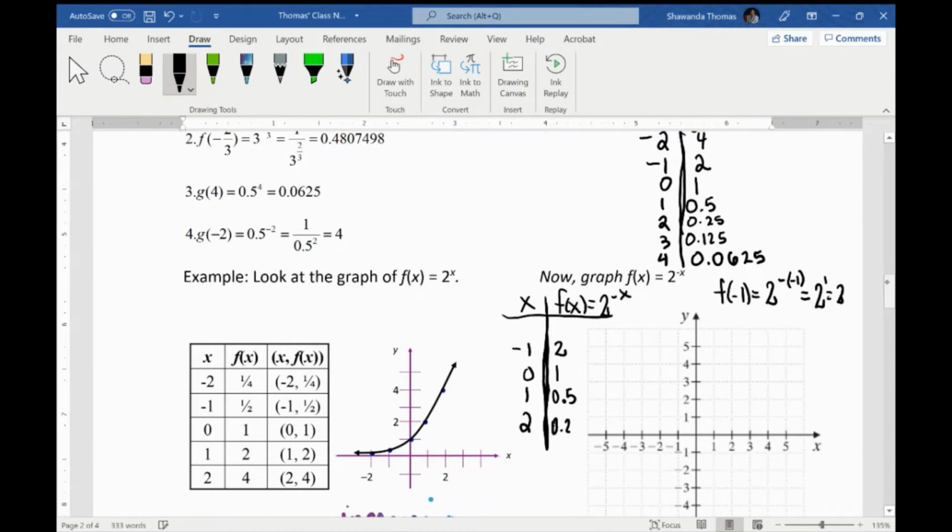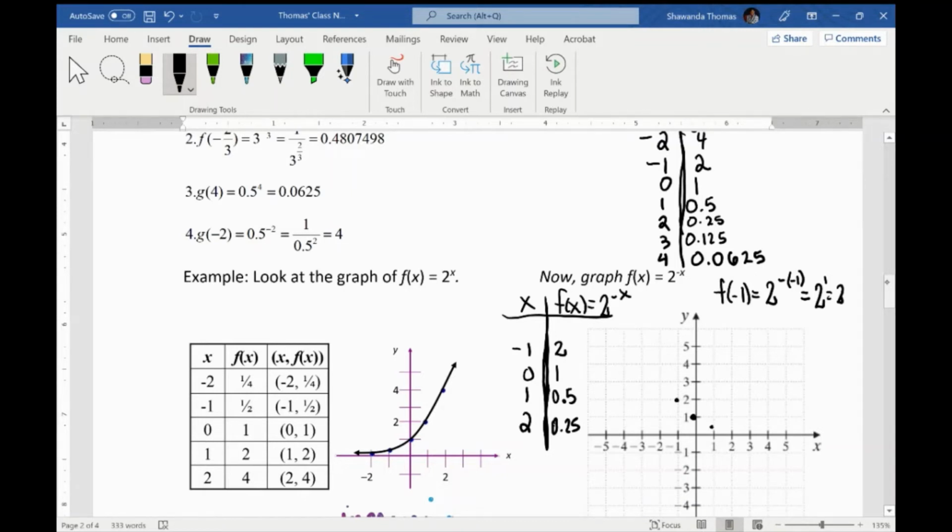All right. So let's plot those. Got -1, 2. Let's see how it's looking. 0, 1. Okay. I feel like I need more points.